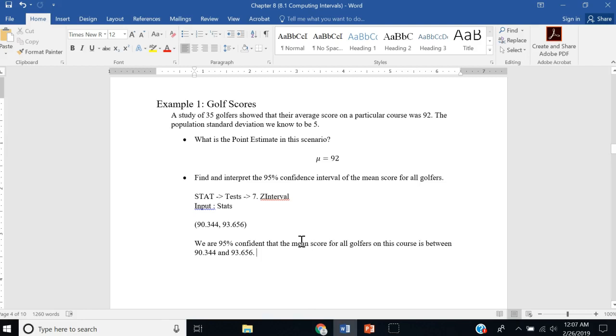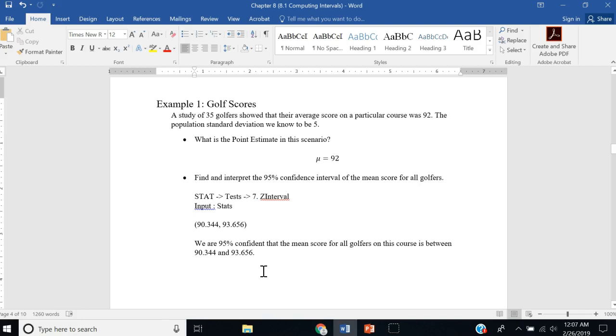So what we did is we just found the confidence interval, and then we just interpreted it as well. And with every single problem we do in this class, you're going to have to do both. You're going to have to not only find the confidence interval, but you're also going to have to interpret what that means.